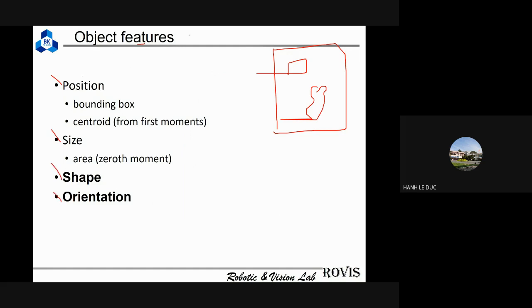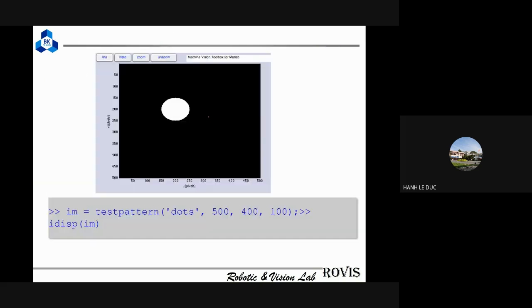So we will go to the next step to calculate those features. First is the position. After you scan an image and you have a blob like this, how do you calculate the position of it? The position means the center point, the centroid position.